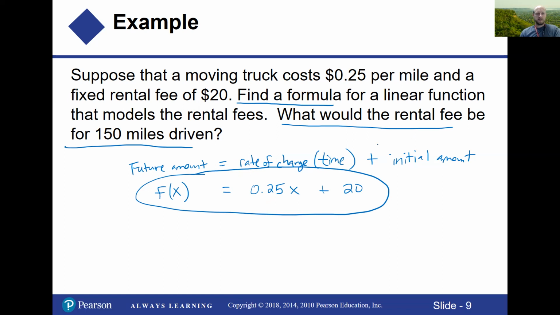Now, what would the rental fee be for 150 miles driven? Actually, I think I might have messed up, because it's the rate of change per mile. I put time. I was thinking back to the other question. I probably meant miles, but I said time. So x is the number of miles you drive.